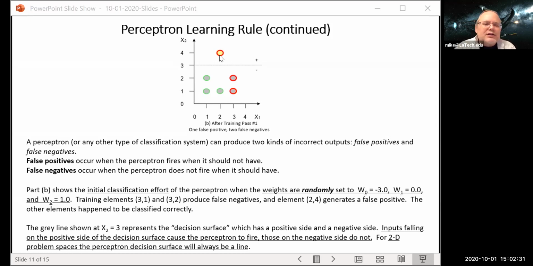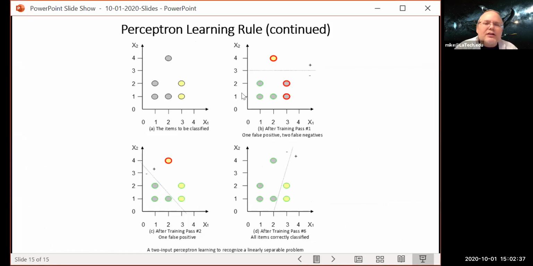What will happen over time, I'm jumping to the end here, is this is what we want. This is by random chance where we started. The learning rule that we're about to go over will move the decision surface around.